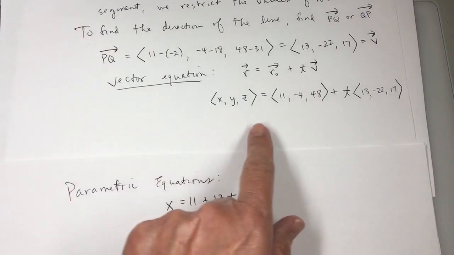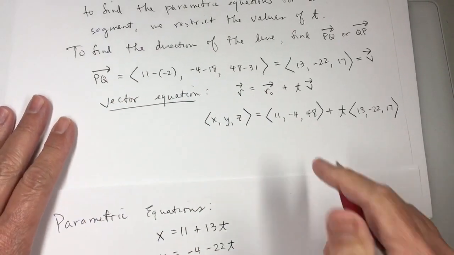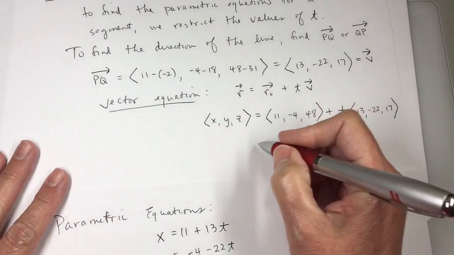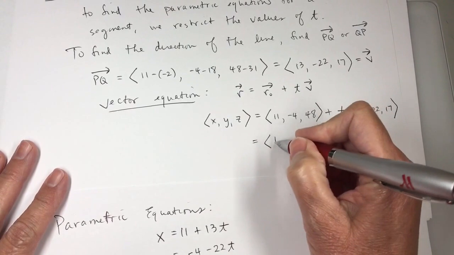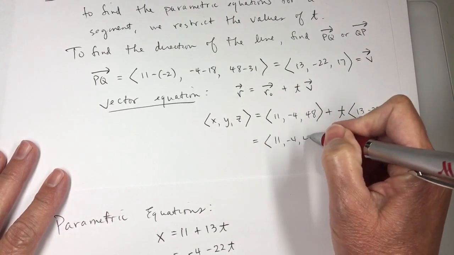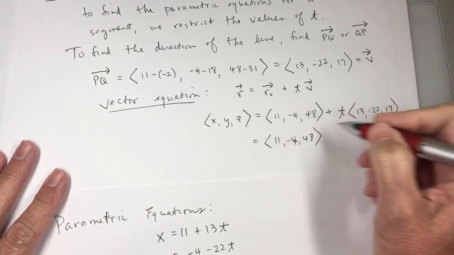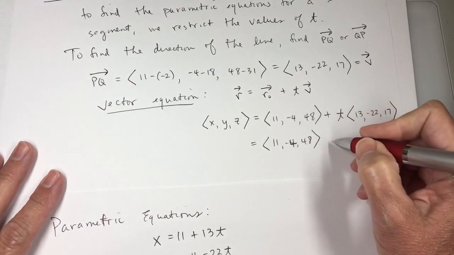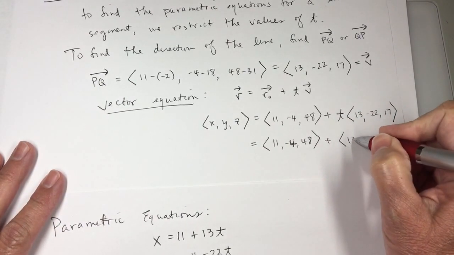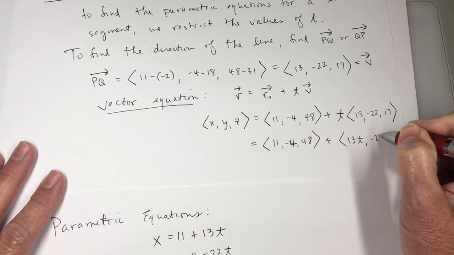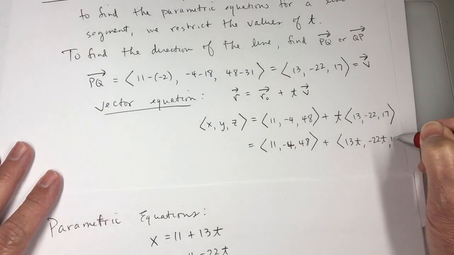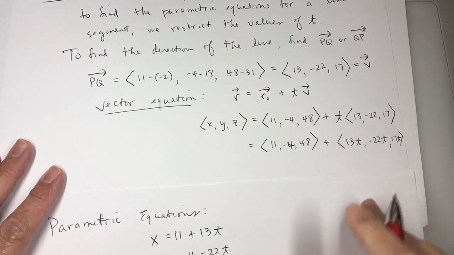I went up here, and again, I can write it here. I said, okay, 11, negative 4, 48. Distribute this t: 13t, negative 22t, 17t.